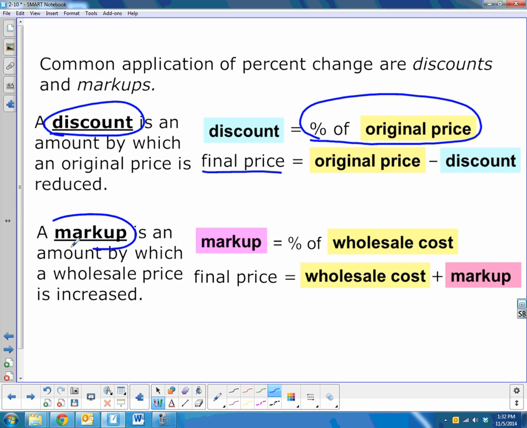A markup, this is where companies make money, and they need to make money to be a company, so they have to mark up the cost. So, Walmart might sell, I pick on Walmart because they're big and they're in town. Target does the same thing. So Walmart, they have bins of DVDs that are like $5, right?